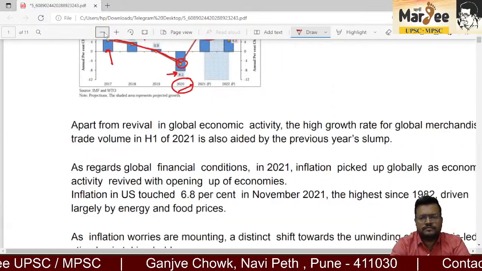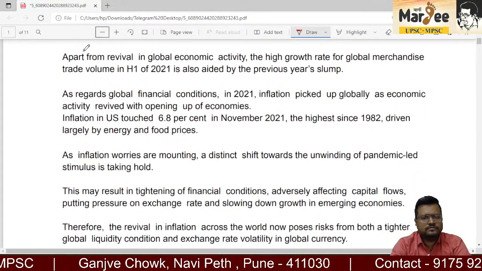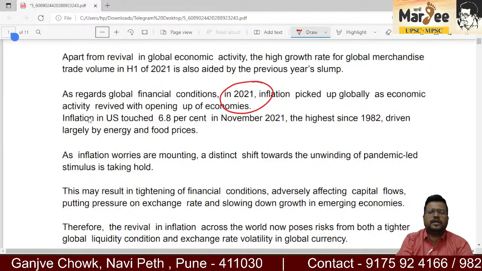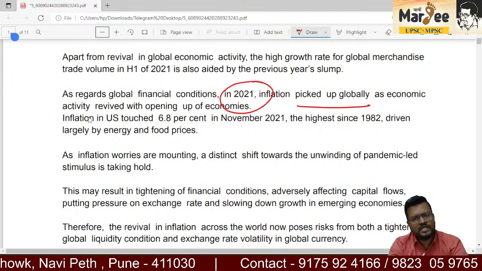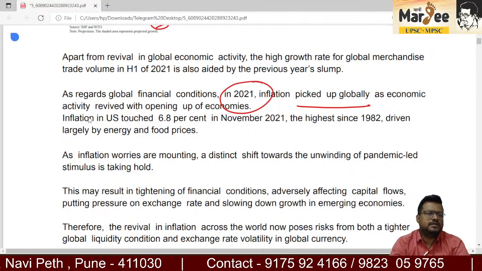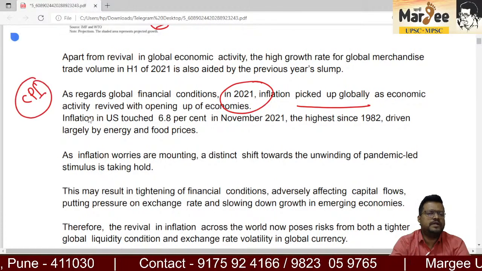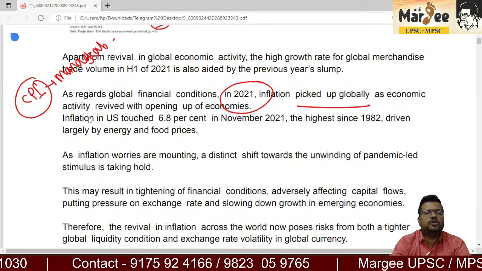Then, in 2021, the economic survey says that inflation has picked up globally. We have seen in the first and second chapter that in the Indian scenario, CPI, Consumer Price Index, was within a manageable or tolerable limit.